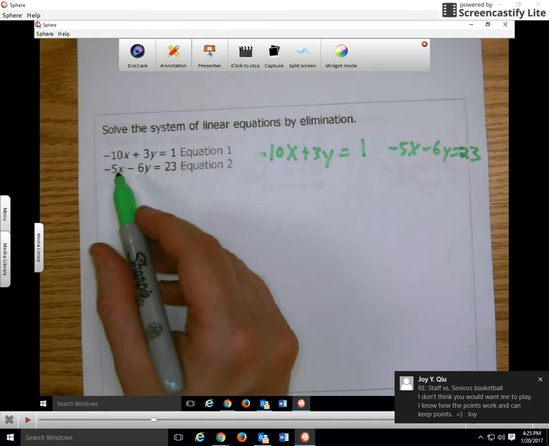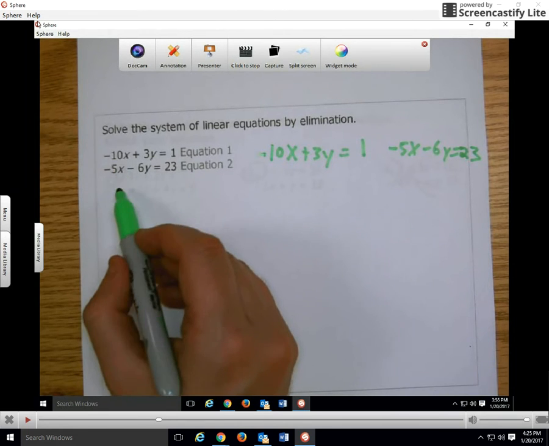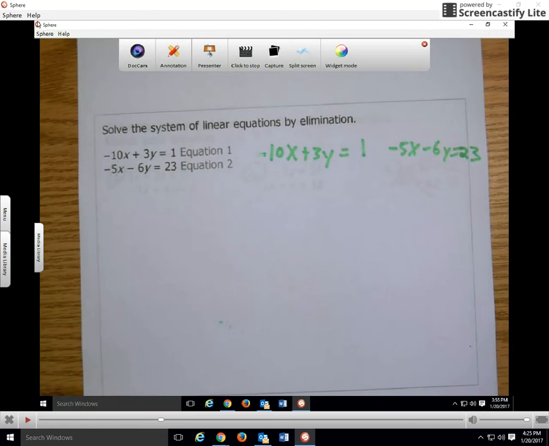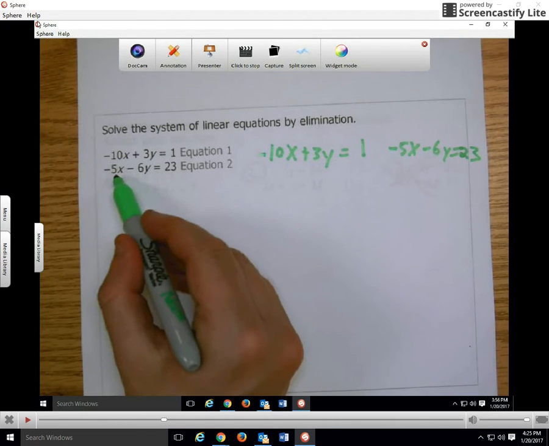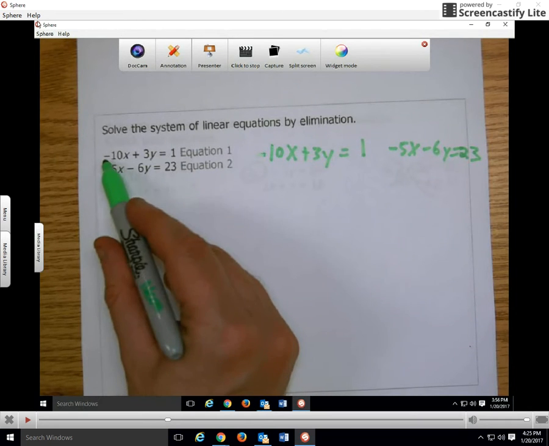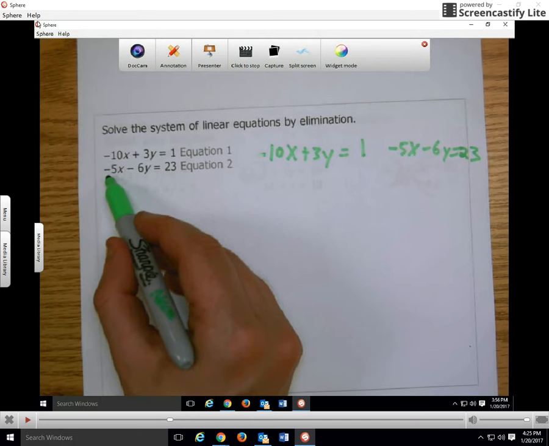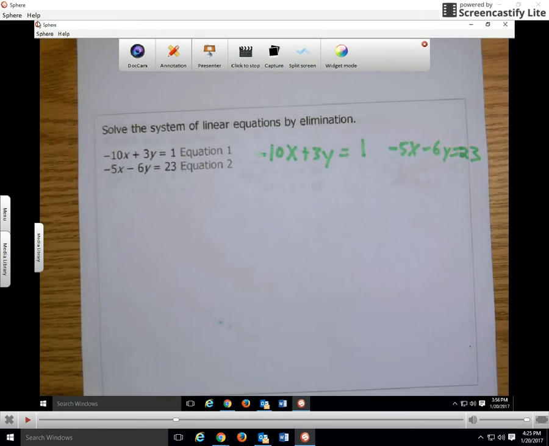So if I were to multiply this bottom equation, say I want to get rid of the x's, what would I have to multiply this bottom one by? Well, this is a 10x and this is a 5x. So in order for them to be opposite, if this is a negative 10, this would have to be a positive 10. So I need to multiply it by a negative 2, the whole thing.